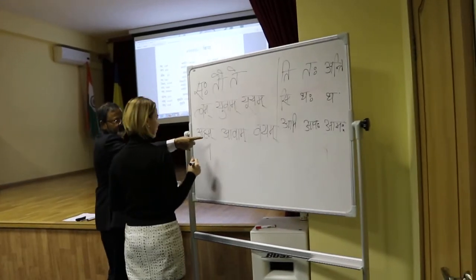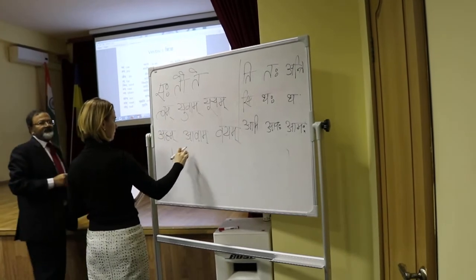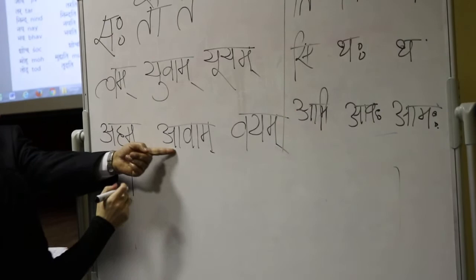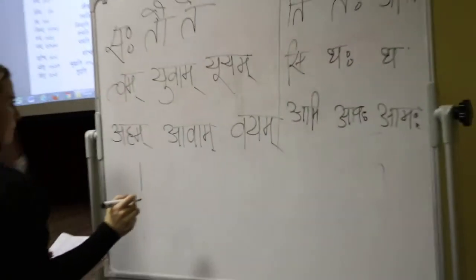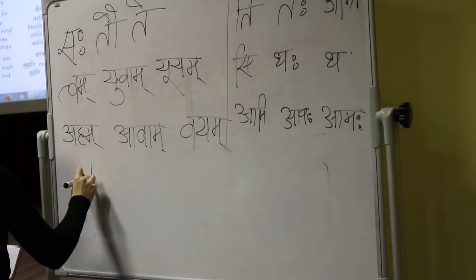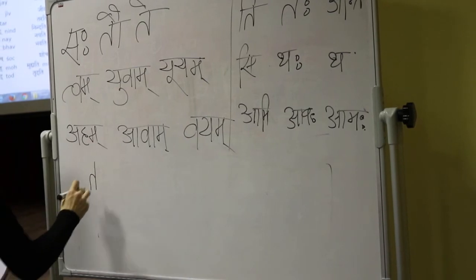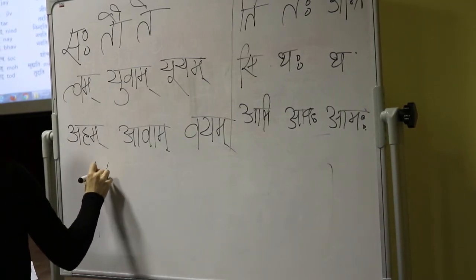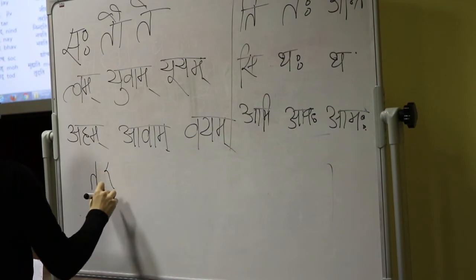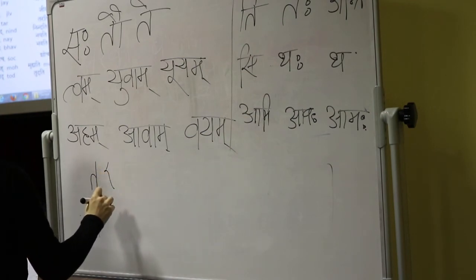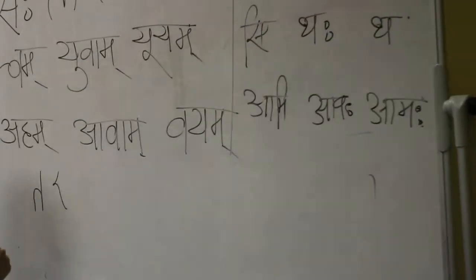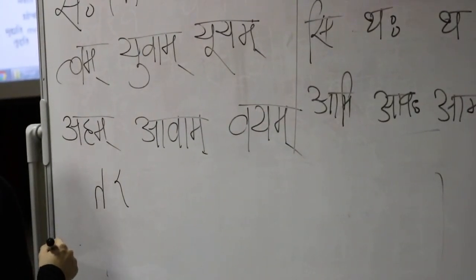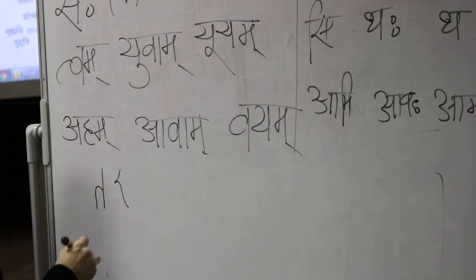It's here. We two. This is I, this is we two, this is we all. So we two are crossing. We two. First you have to write about we two.